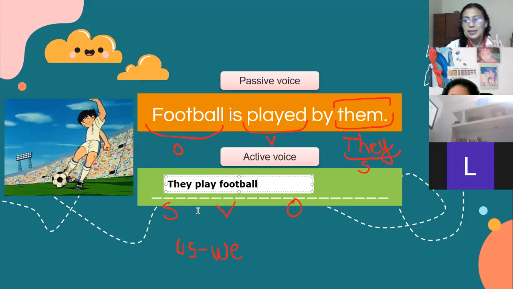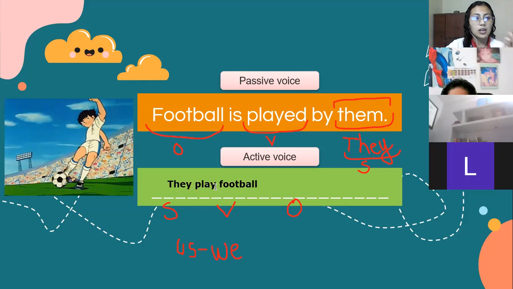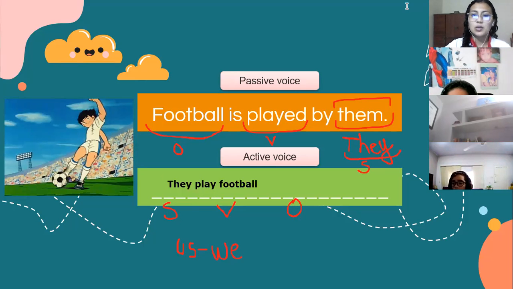Muy bien, excelente. Recuerden que aquí en el presente simple solo le vamos a agregar la S a las terceras personas: he, she, and it. ¿Listo? That's it. Questions? Comments?